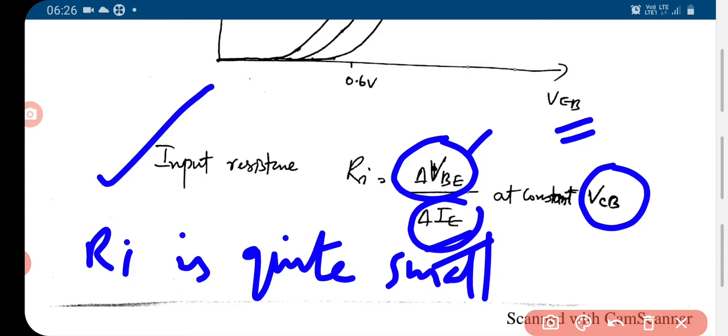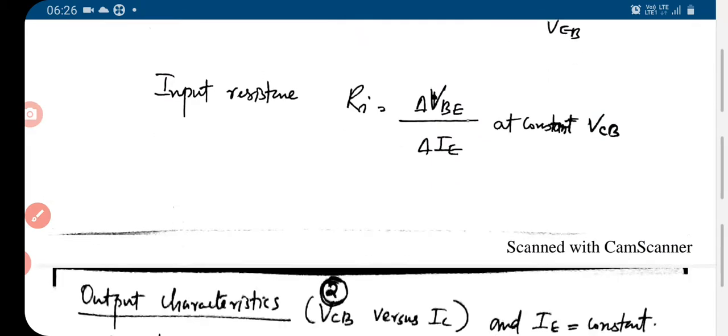For a small change in the VBE, there is a large change in IE. So the denominator is very large. So Ri, the input resistance, is quite small. So that is about the input characteristics.